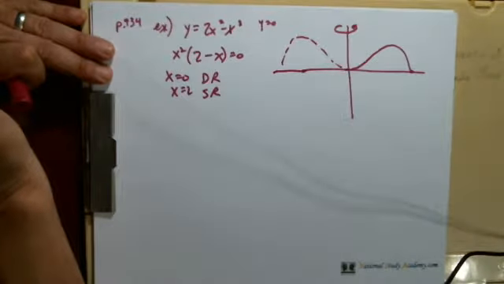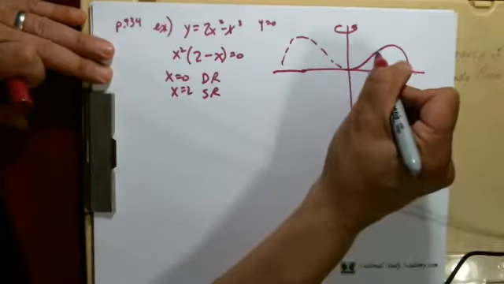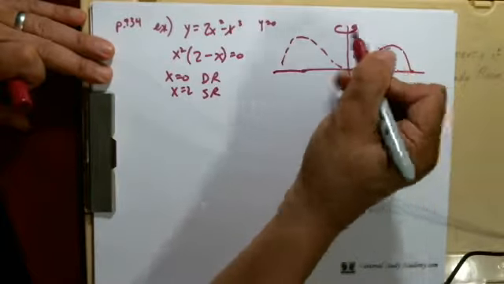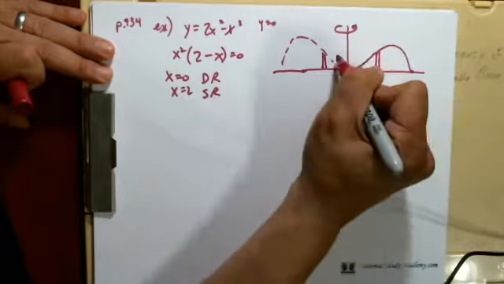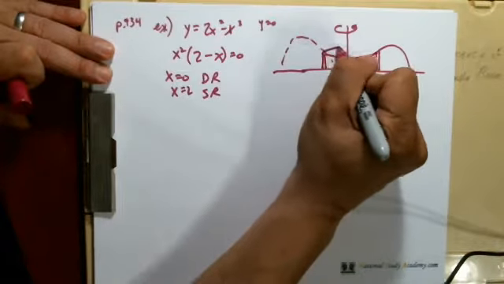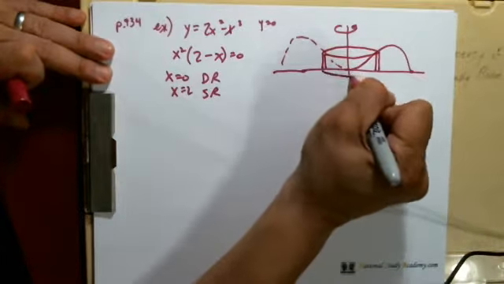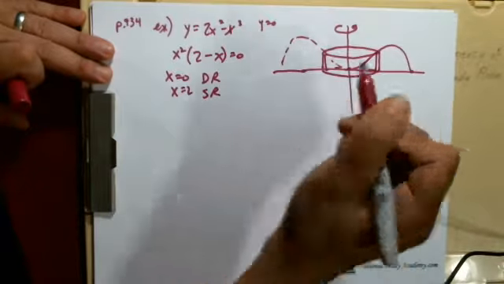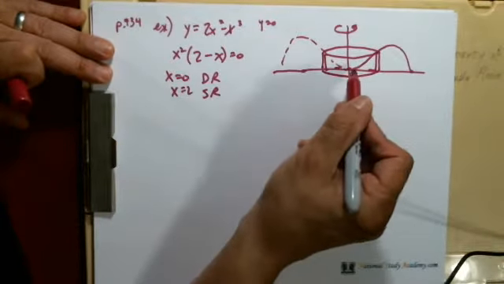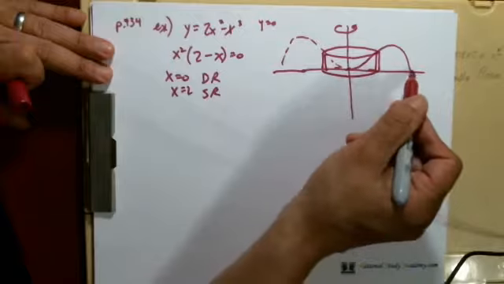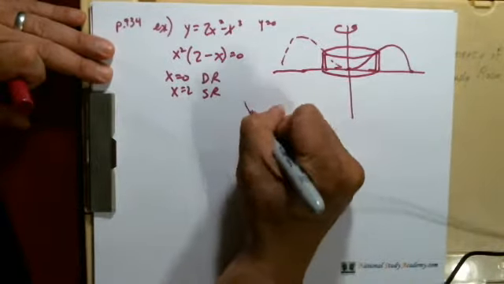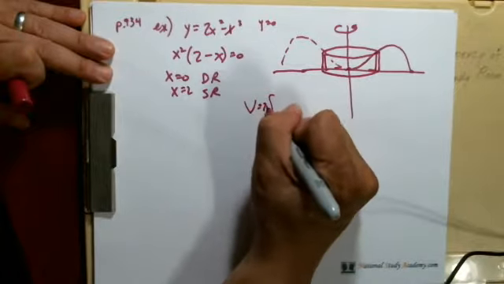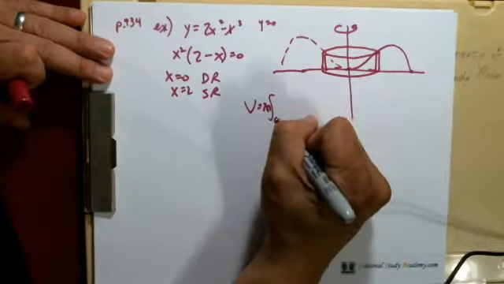You see that? Okay. Well, we're going to take a little strip of this right there. As we revolve it, it's going to go to this little strip right there, and what we happen to make is a cylinder. So that's where the cylinder comes in. We start with the inner, and we add up all to the outer. The volume is equal to 2 pi, from a to b.